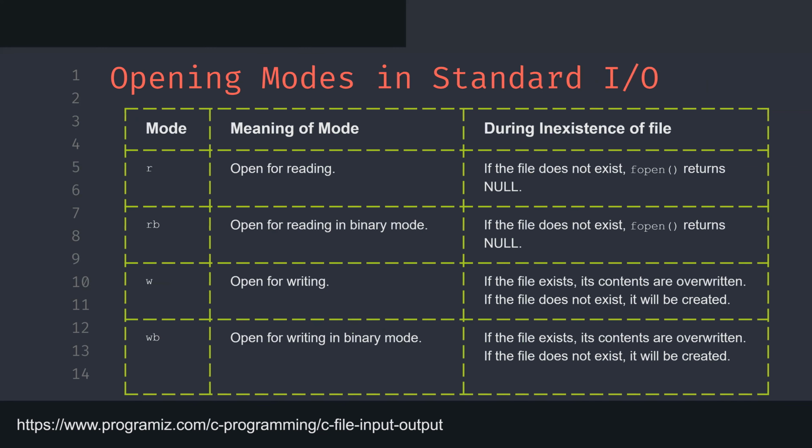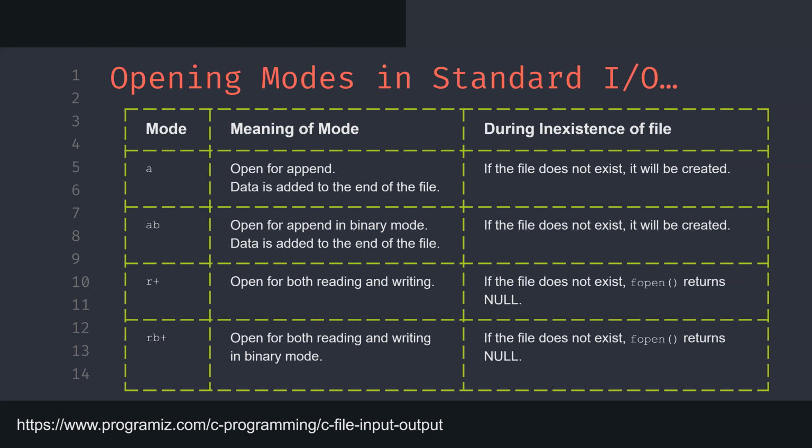So if we open that particular file in append mode, right? What will happen is the marker will go to the end of the file. What that means is it's not going to overwrite the content, but it's going to add the content that we write to the file.